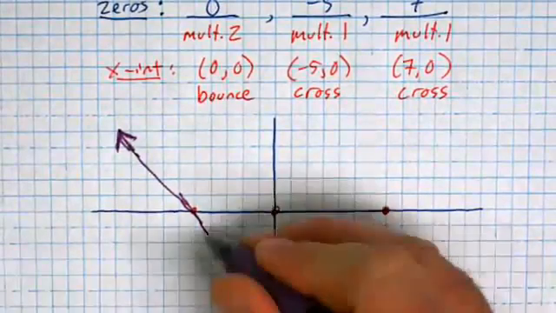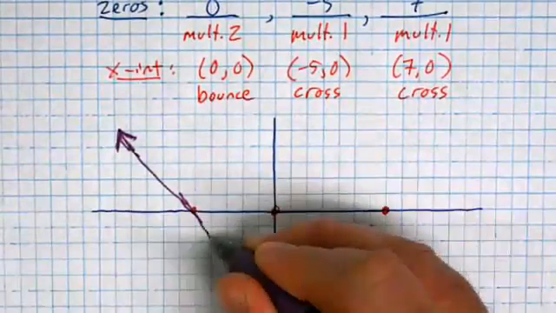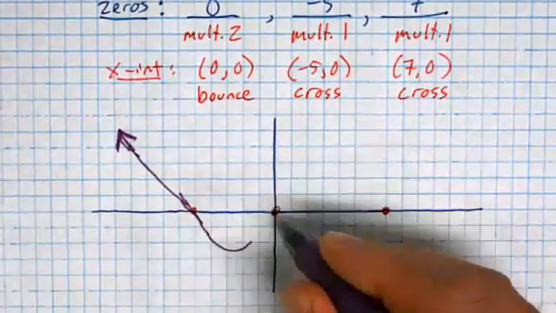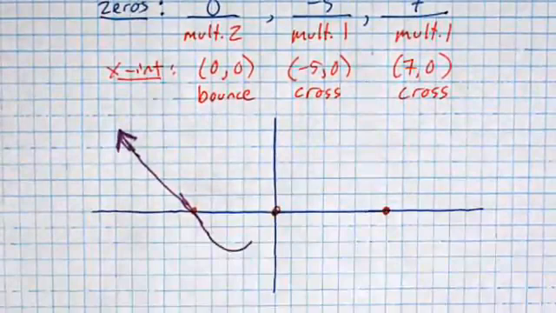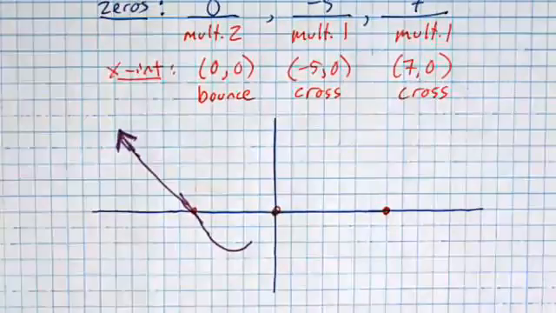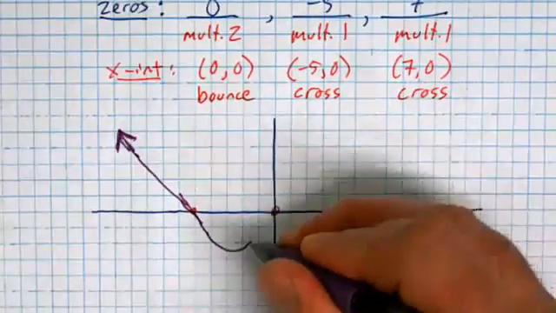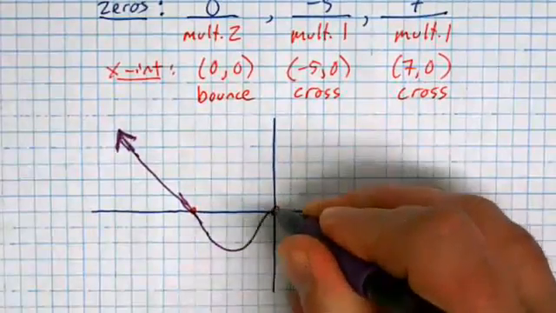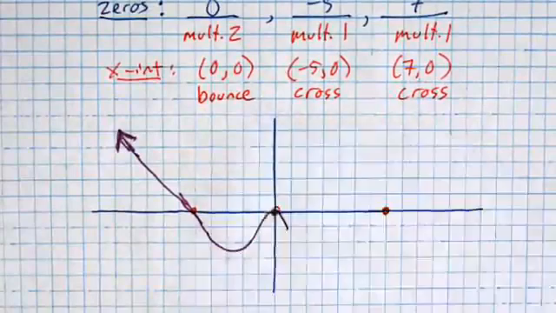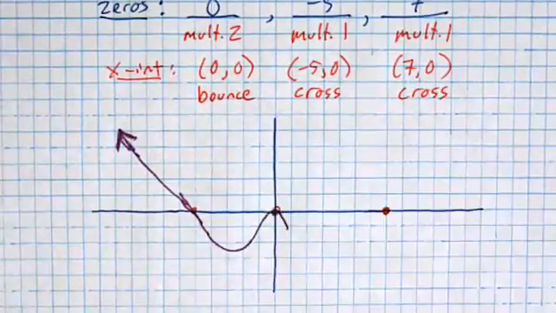So somewhere in between here and here, it's going to have to spin around and start heading back up, right? Because it's got to get back to the x-axis at 0. And when it does return to that x-axis at 0, is it going to cross or bounce off? It's going to bounce off, and it's going to stay in the negative half of the graph.